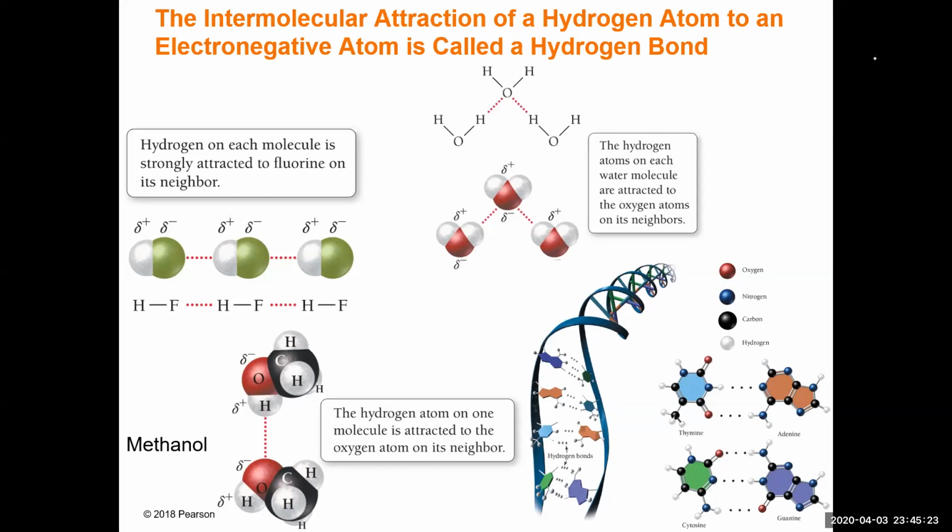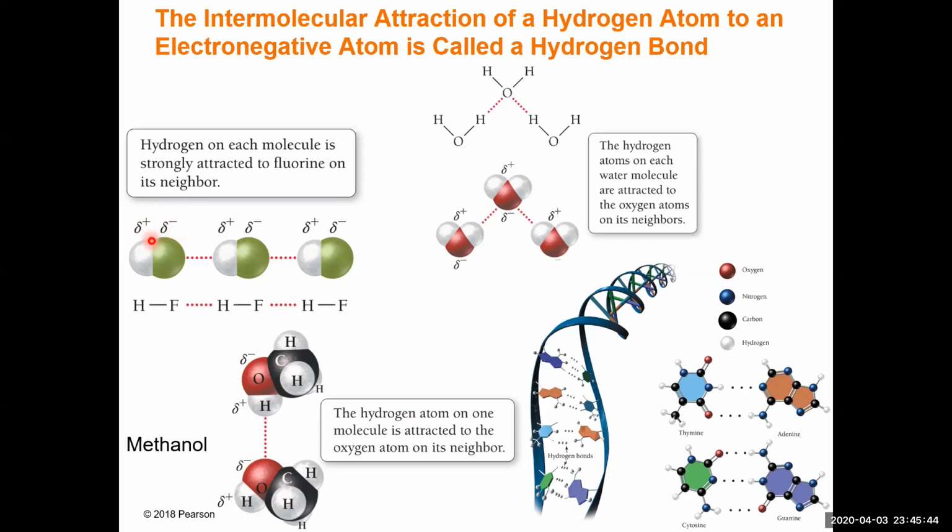If you look on the top left, we see that we have different HF molecules. The hydrogen in this molecule is forming the partial positive end, and the fluorine is forming the partial negative end, because fluorine is much more electronegative than the hydrogen.